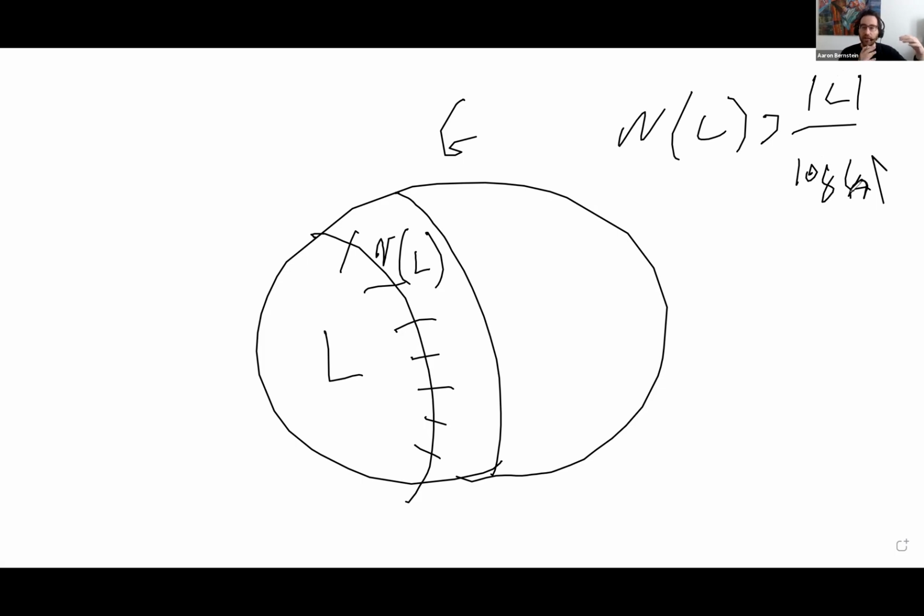It means if you take any set and you look at its neighborhood, the neighborhood is big with respect to that set. So an example of something that's not an expander is if you had a graph that looks like this. This is not an expander, because if you set this left thing to be L, the neighborhood of L is very small, so it's not an expander.